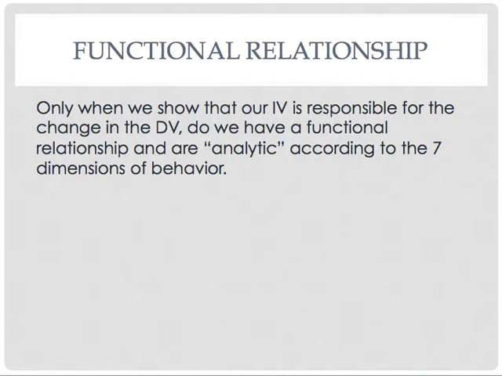Only when we show that our independent variable is responsible for the change in the dependent variable do we have a functional relationship and are analytic according to the 7 dimensions of behavior. So only when I can show that eating a banana is responsible for the increase in smiles can I say that I have a functional relationship between the two.